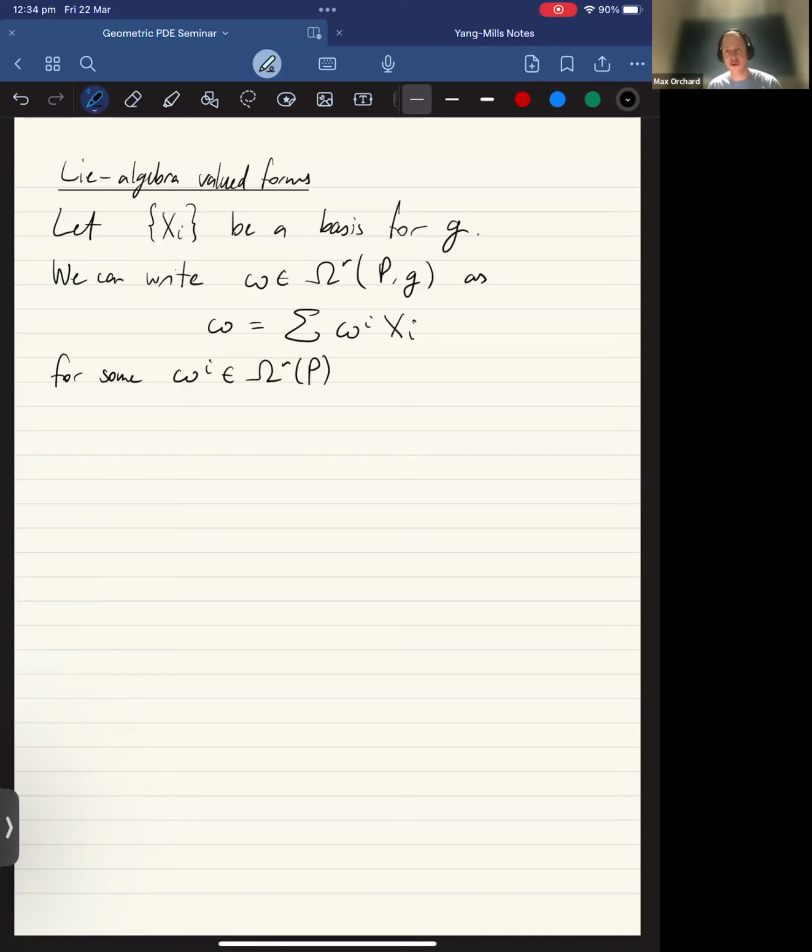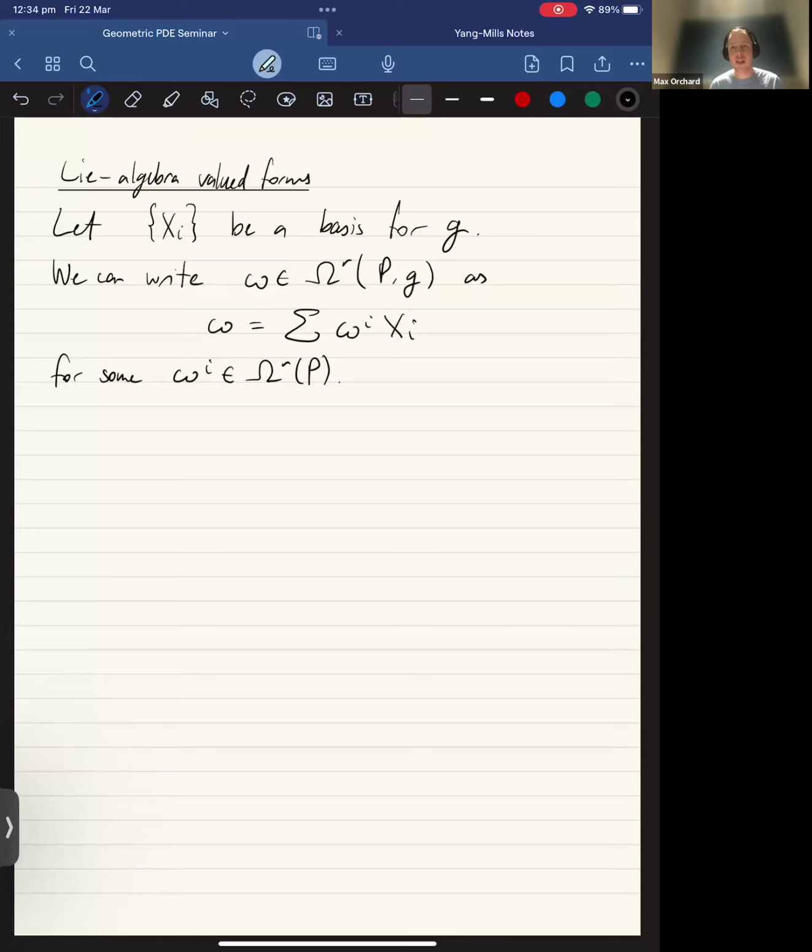Now, I think you can also put a tensor product in here somewhere if you want to be very formal about this. This is the way that I think about it. It's kind of like the coefficient of this xi is given by a real valued form. And it's fairly easy to prove that the constructions here are basis independent. So it doesn't matter the basis that you pick. All the constructions that we're about to give, it doesn't matter.